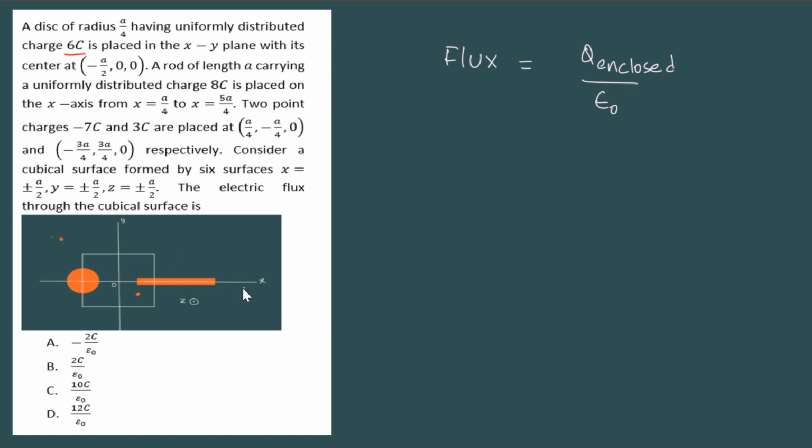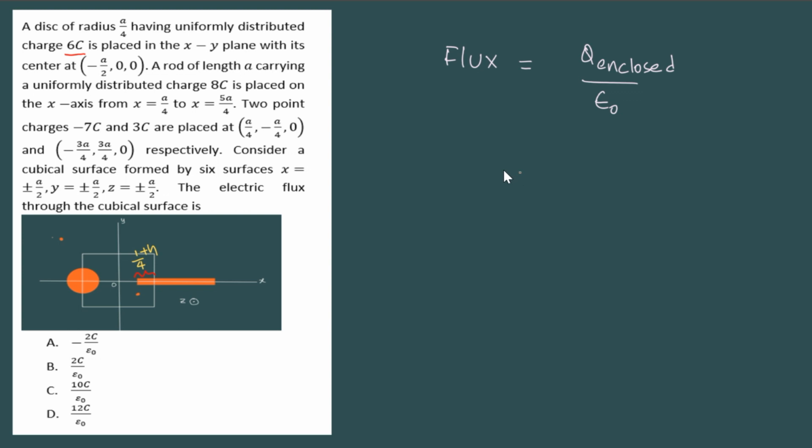Where does it start? x is equal to a by 4, so that means a by 4 and then a. So 1/4 of the rod is inside the cube.